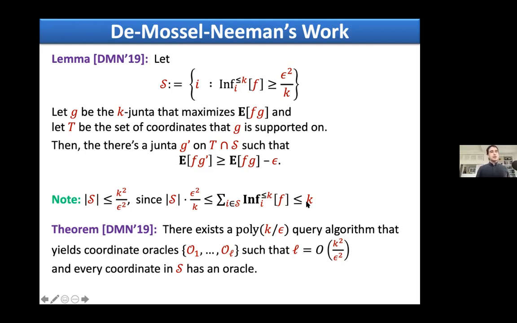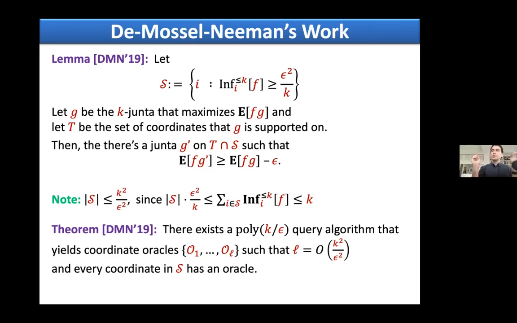So DMN showed that there exists a query algorithm that makes poly k over epsilon many queries, and it yields coordinate oracles such that the number of coordinate oracles is order k squared over epsilon squared, and every coordinate in S is covered by one of these coordinate oracles. Notice that I'm not saying that the oracles will be precisely to the set S, because it could be the case that for some coordinates, the influence would be very close to the threshold.